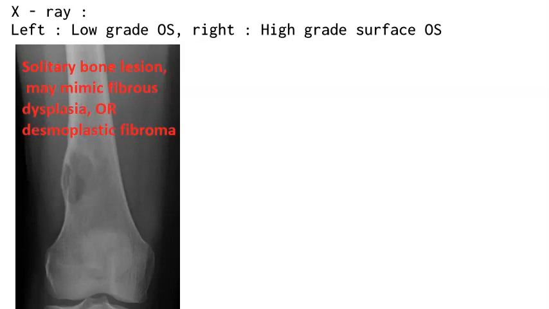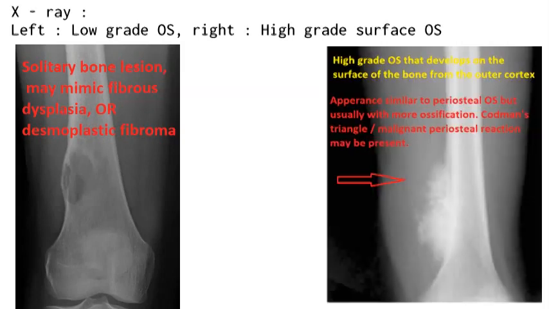There is a solitary bone lesion that may mimic fibrous dysplasia or desmoplastic fibroma. On the right-hand side is a high-grade osteosarcoma that develops on the surface of the bone from the outer cortex. The appearance is similar to periosteal osteosarcoma, but usually with more ossification. Codman's triangle or malignant periosteal reaction may be present.